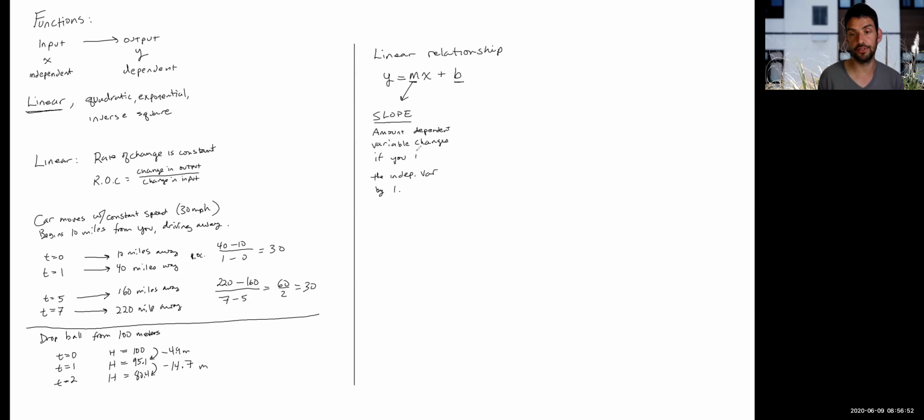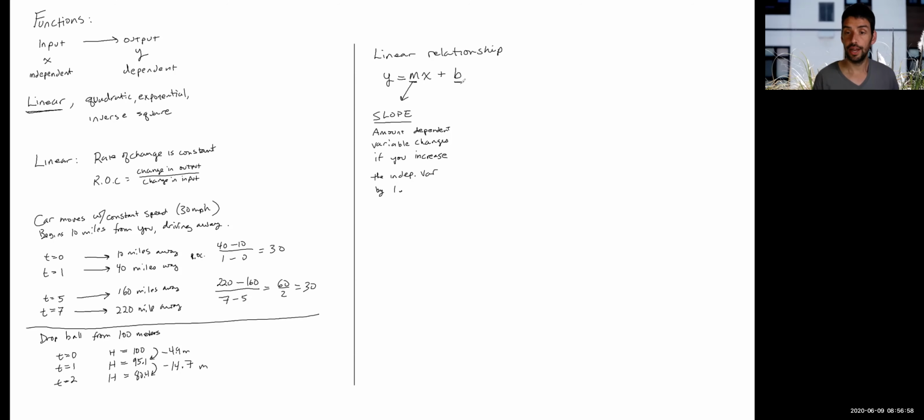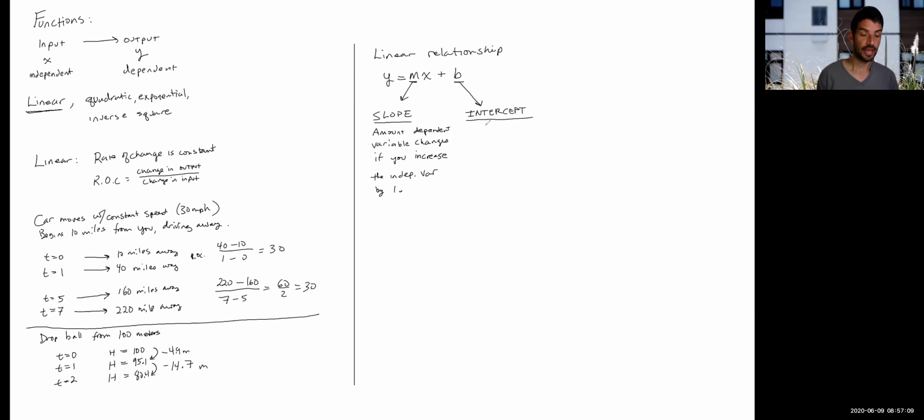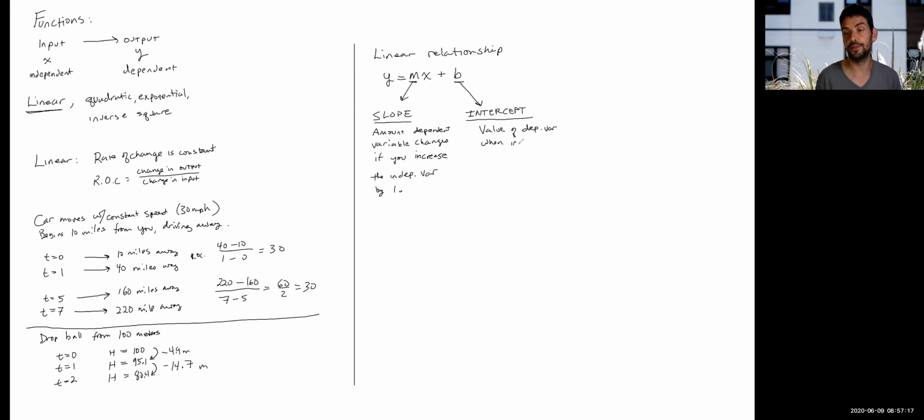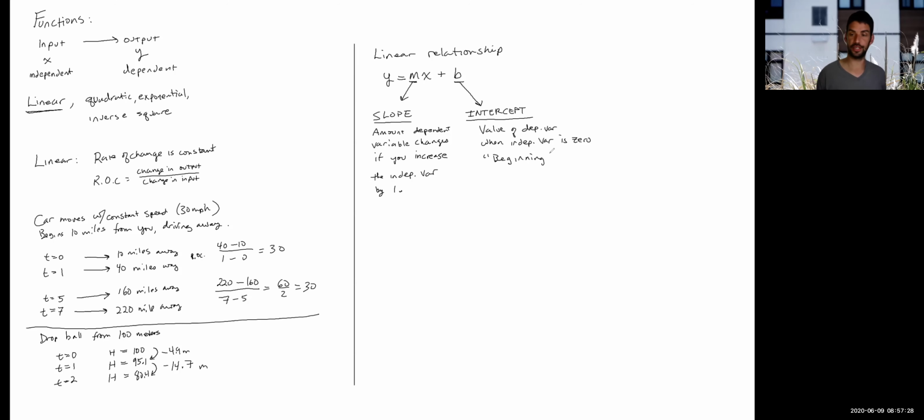Okay, this tells us what happens if we increase the independent variable by 1. Okay, and then b, we call the intercept, or the y-intercept. I'll just call it the intercept. And this is just the value of the dependent variable when the independent variable is 0, right? So sometimes we can think of that as the beginning, especially if our independent variable is time, it's where is this thing at the beginning.